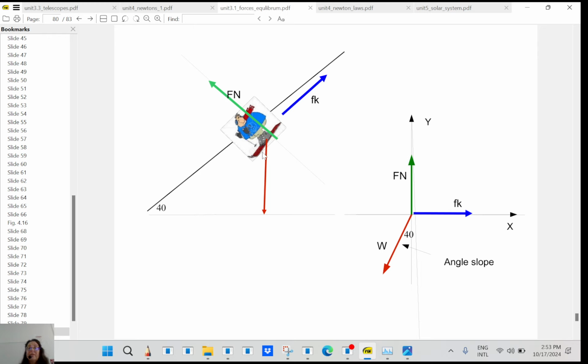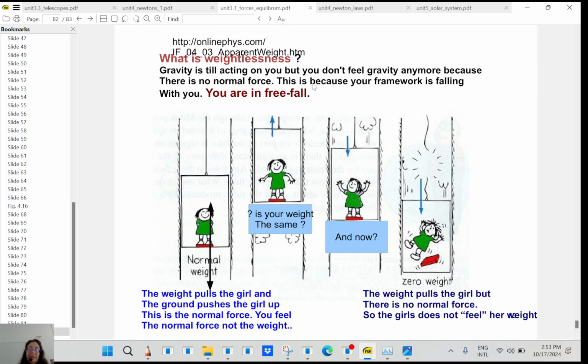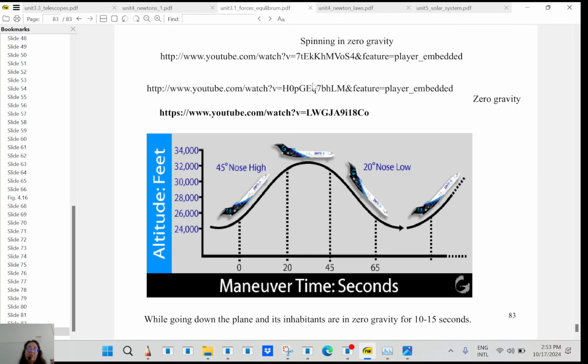Okay, you have the normal force here, always perpendicular to the surface, and then you have kinetic friction, right? So it could be that it's moving at a constant speed because the x component of the weight is balancing out the kinetic friction. Okay, so did we do this one?